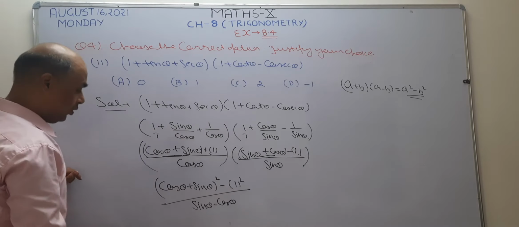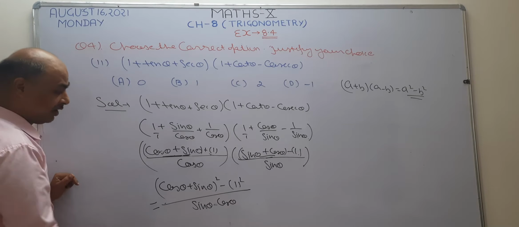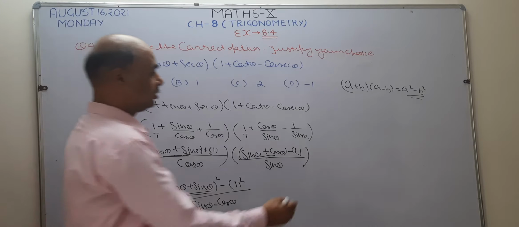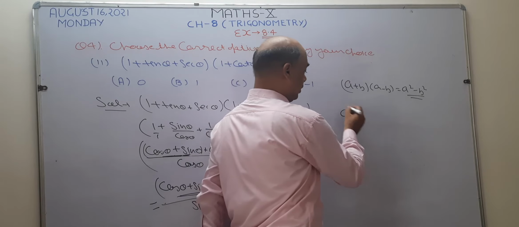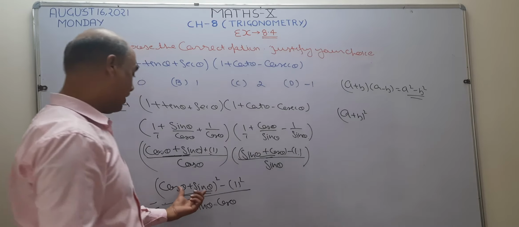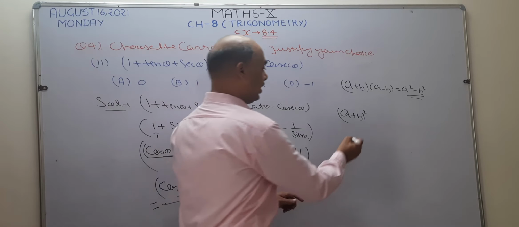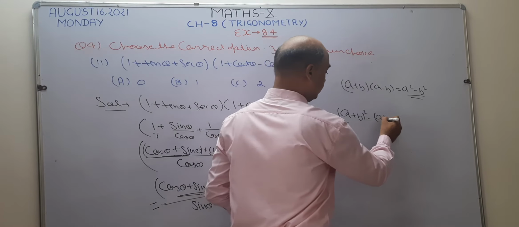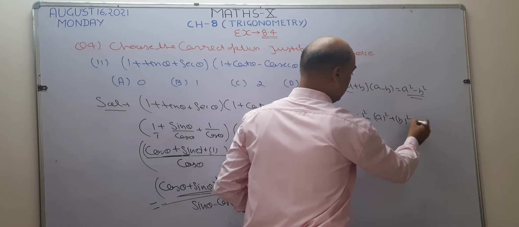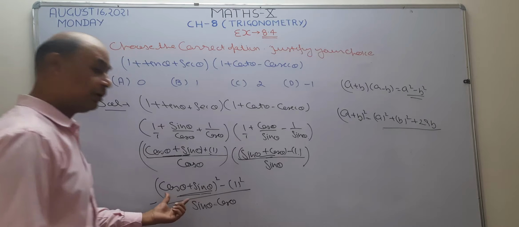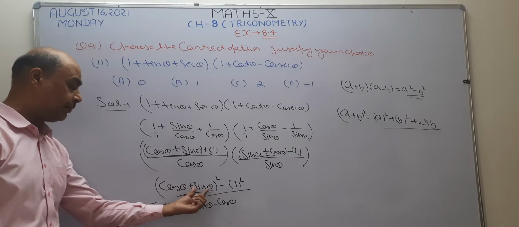Clear? Now I want to solve the numerator part. When solving the numerator part, again I want to use an identity. Which identity? This A plus B whole square, because a whole square is given. So the identity is A square plus B square plus 2AB. By using this identity, I want to open this bracket. Now A is cos theta and B is sin theta.